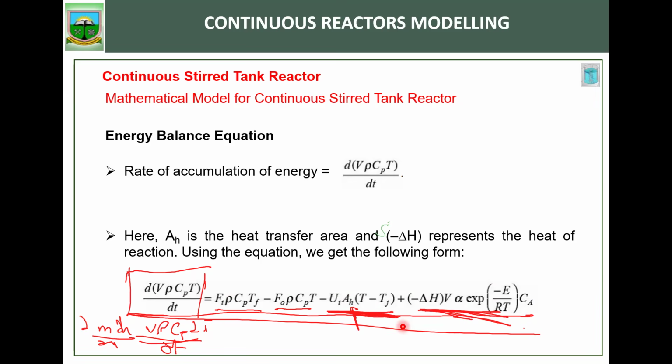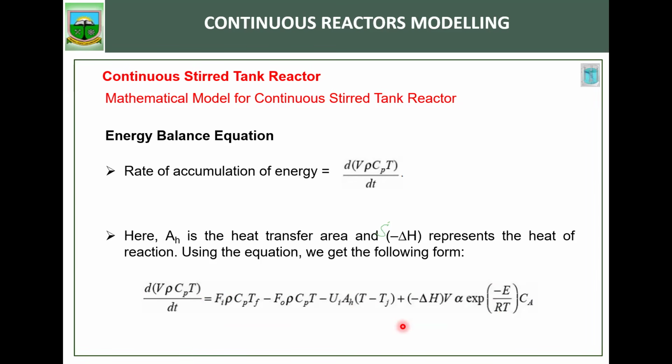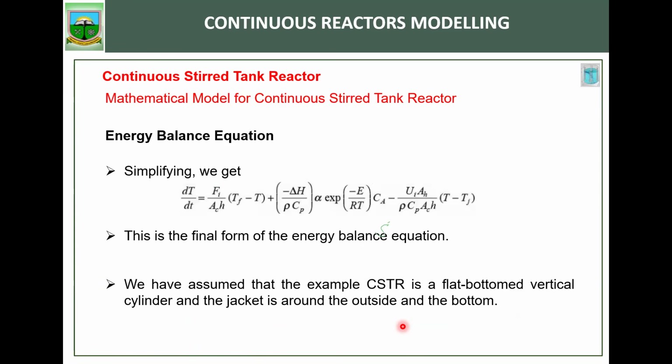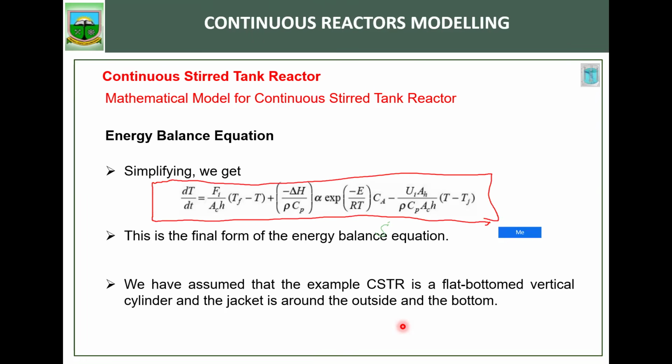Once you have this, you go forward and divide through by what? V rho Cp. We want to make dT/dt the subject. When you have that, you're going to get the total energy balance equation. You can go over it and see. This is the input and output term. This is due to the reactor.